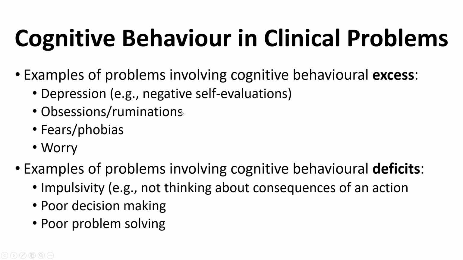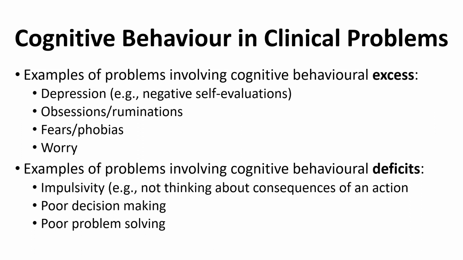Obsessions and ruminations are going over and over and over the same idea, the same thought, so that's an excess. Fears and phobias are a sort of blown up response to a stimulus that shouldn't elicit that kind of response. Same with worry. So these are all problems because they are too much.